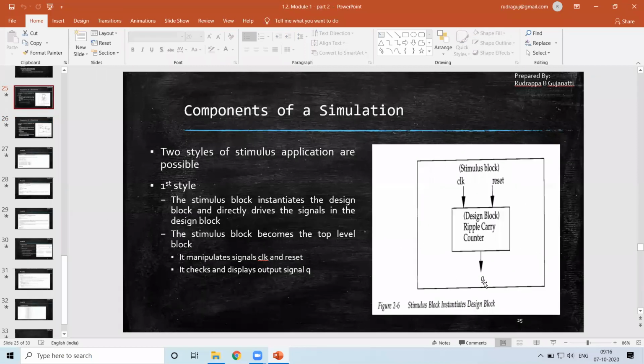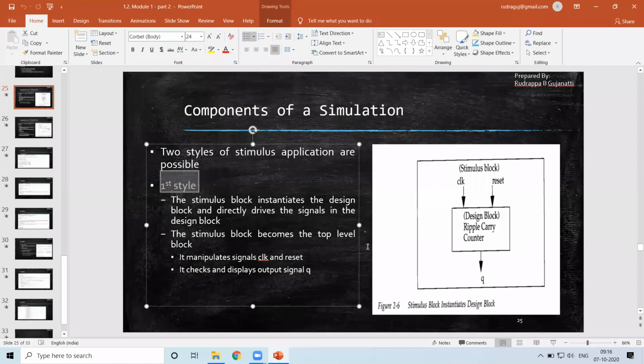So in the first design, with the stimulus block instantiating the design block, the stimulus block itself becomes the top level block. What is the purpose of this top level block? It is to instantiate the design block. So that is the first style.